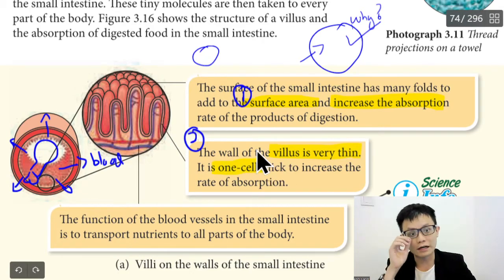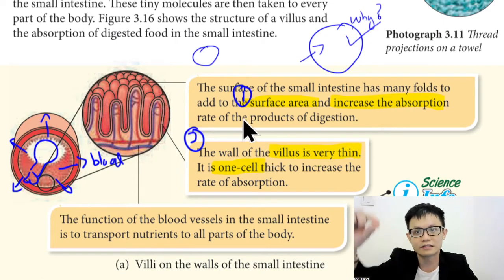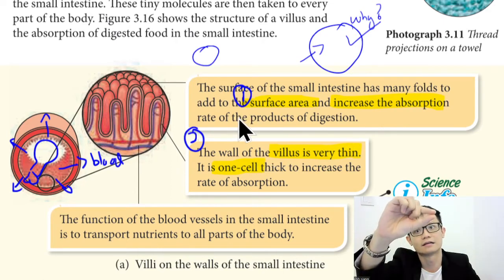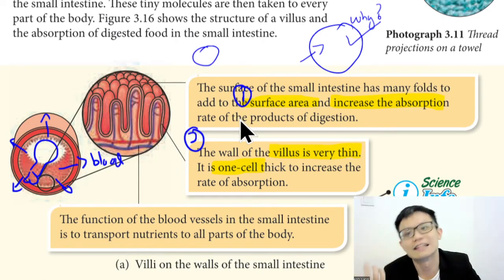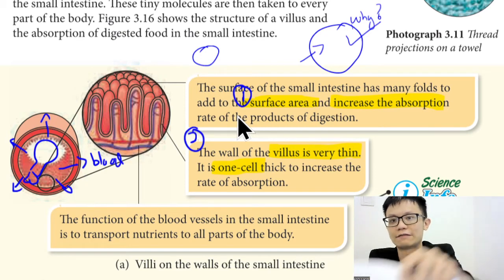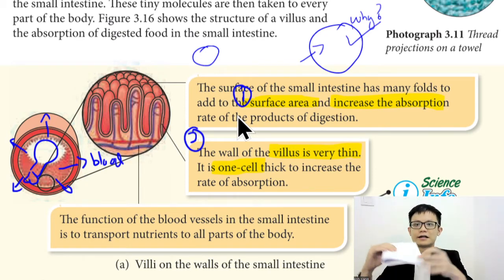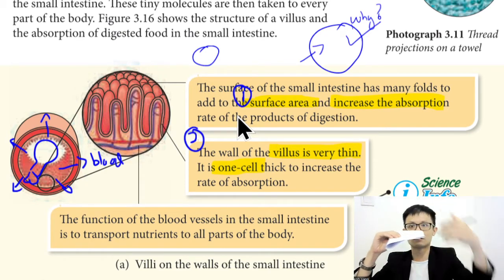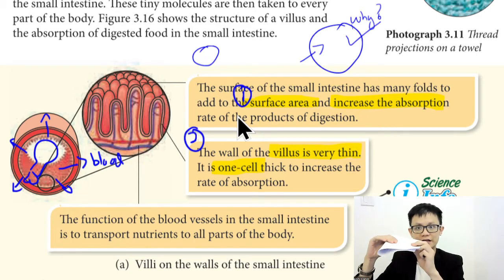Can you show me 1 cell thick? I show you 1 cell thick. 1 cell thick is like this. You cannot see it, obviously, because it's 1 cell thick. It's very thin, so the food can dissolve through. Correct or not? Let's say if I put many papers, then I put water, the water cannot flow through because it is very thick.